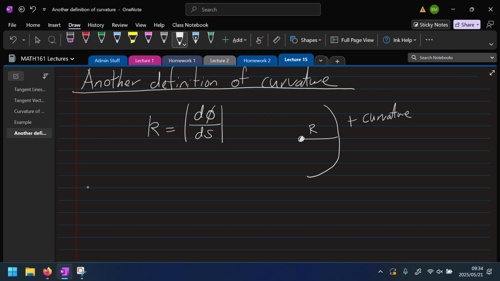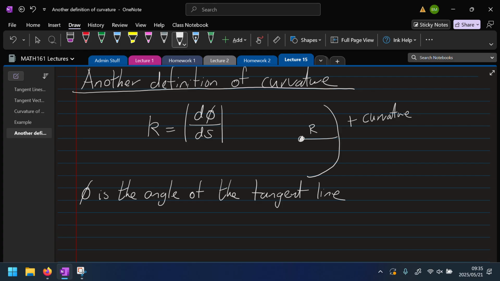Okay, so what is phi? Phi is the angle of the tangent line. Remember the previous definition for curvature, that was with the tangent vector and the length of the tangent vector. Now this definition uses the tangent line.